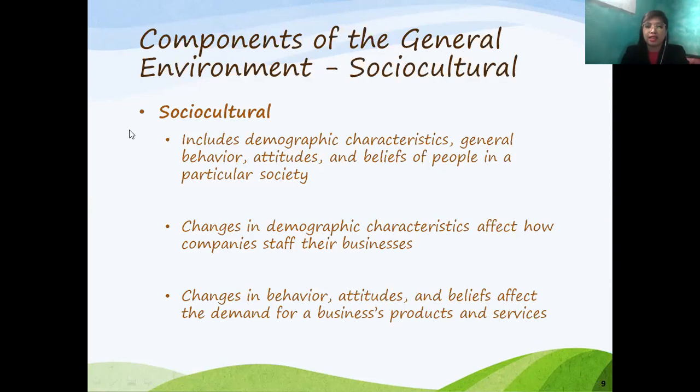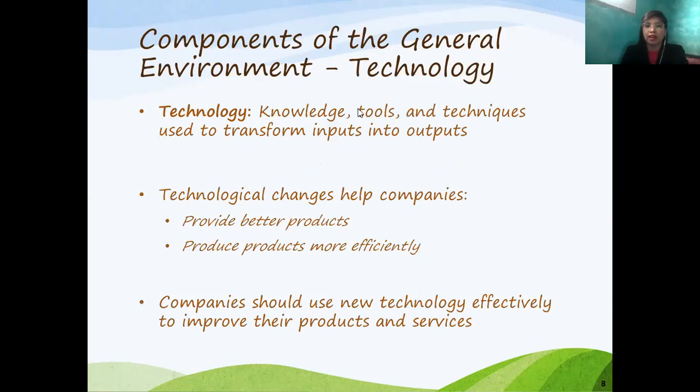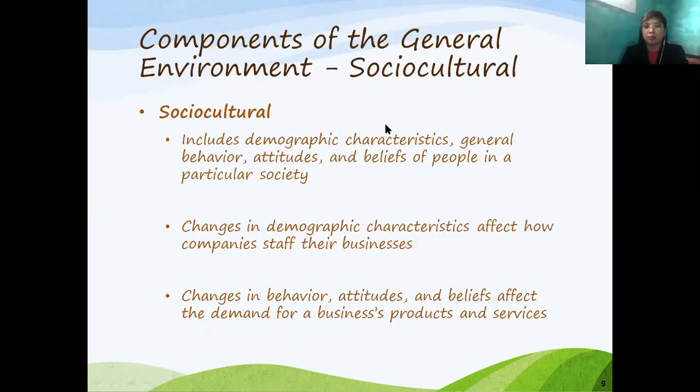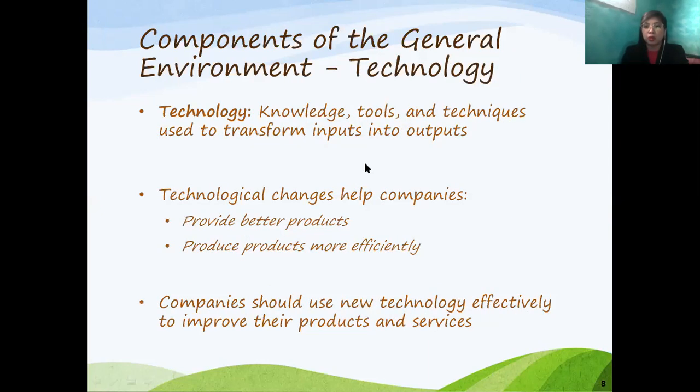And as they see women are allowed to work as men are, many mothers also want to experience having this kind of job. That's why the percentage of married women with children who are working keeps going up. That's because of the social cultural element of the general environment.